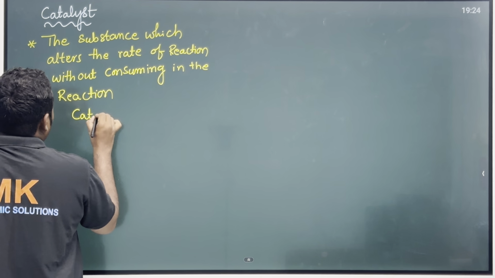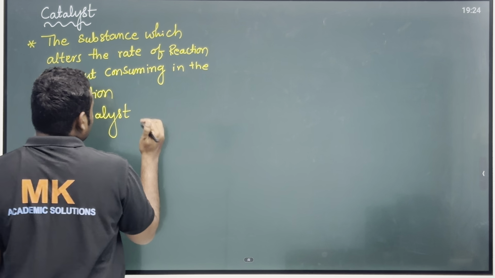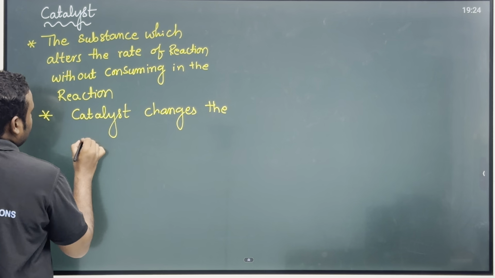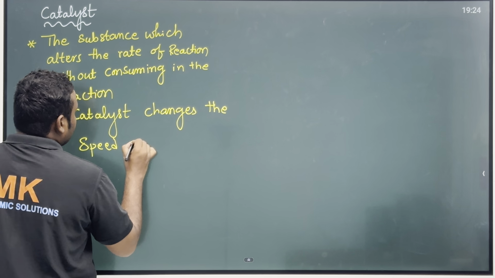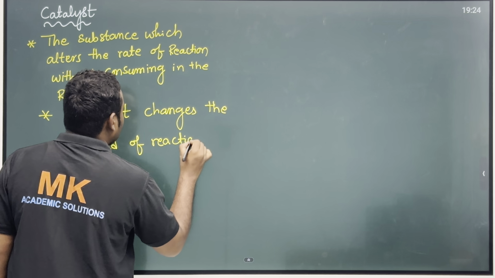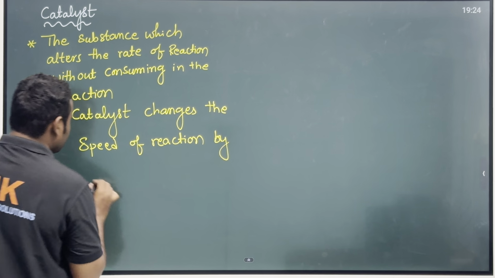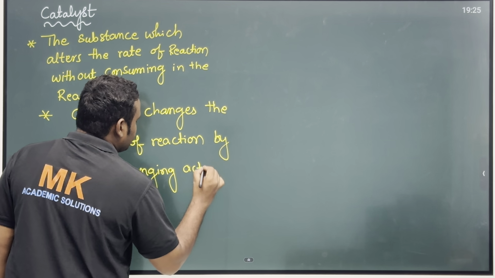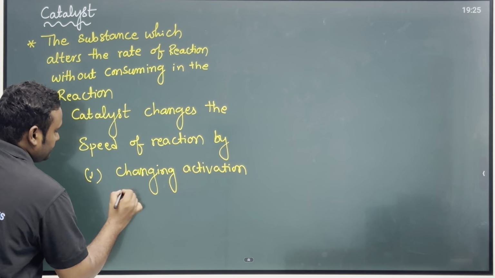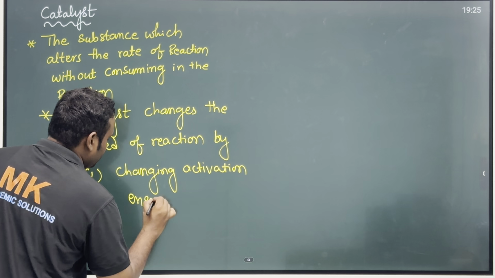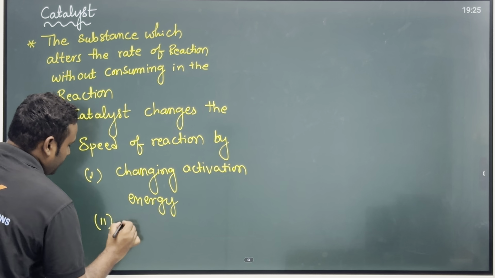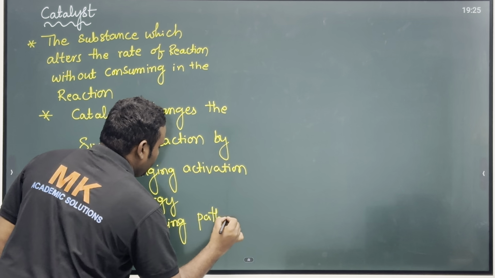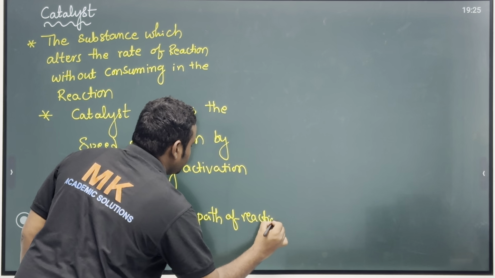A catalyst changes the speed of reaction, first by changing the activation energy, and second by changing the path of the reaction.